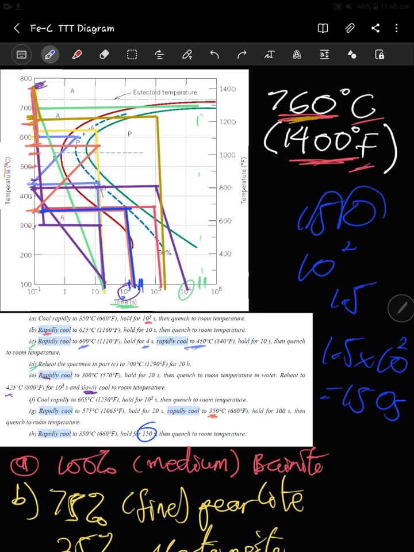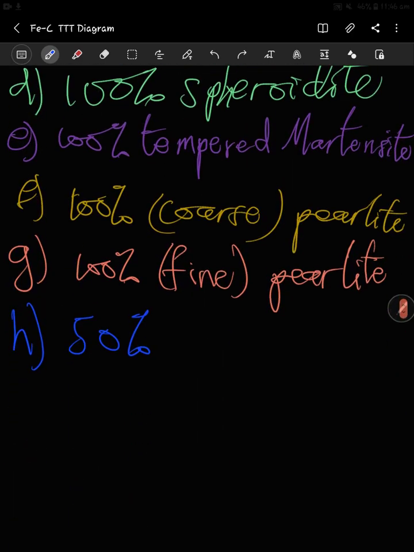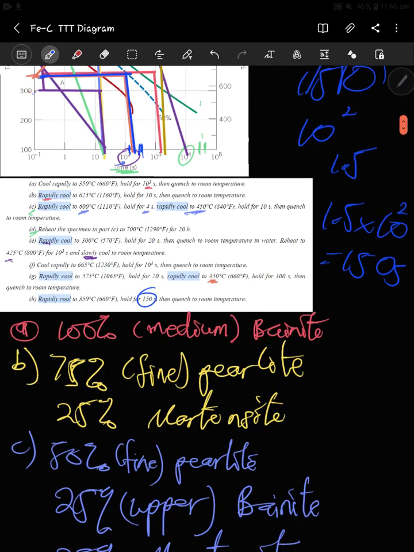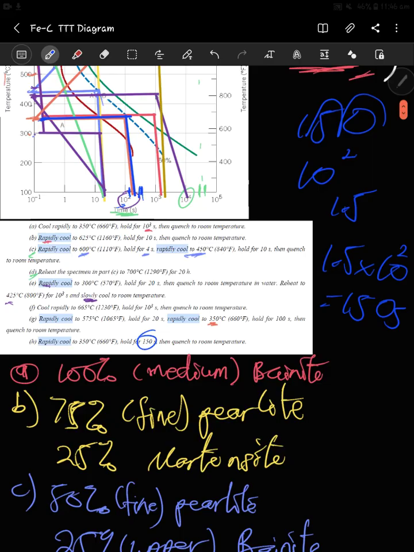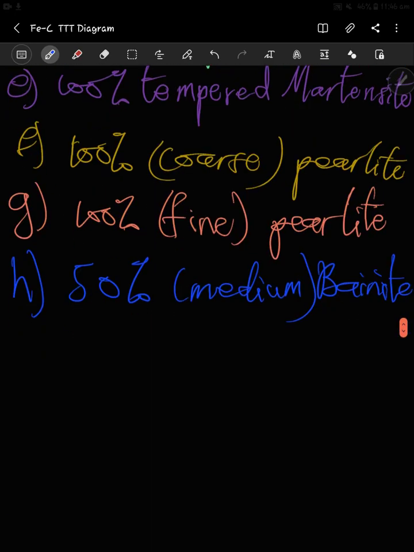So that means we have a medium bainite, kind of a mixture of upper and lower bainite, so medium, right? 50% medium bainite, and then the rest, 50%, will be what? Because we've quenched the rest of the austenite, which is 50%, to convert to what? Martensite. So 50% martensite.